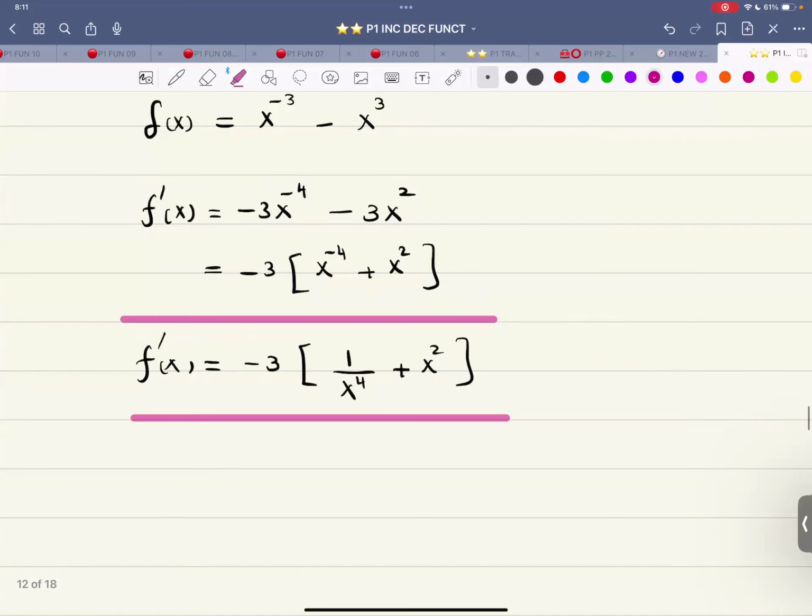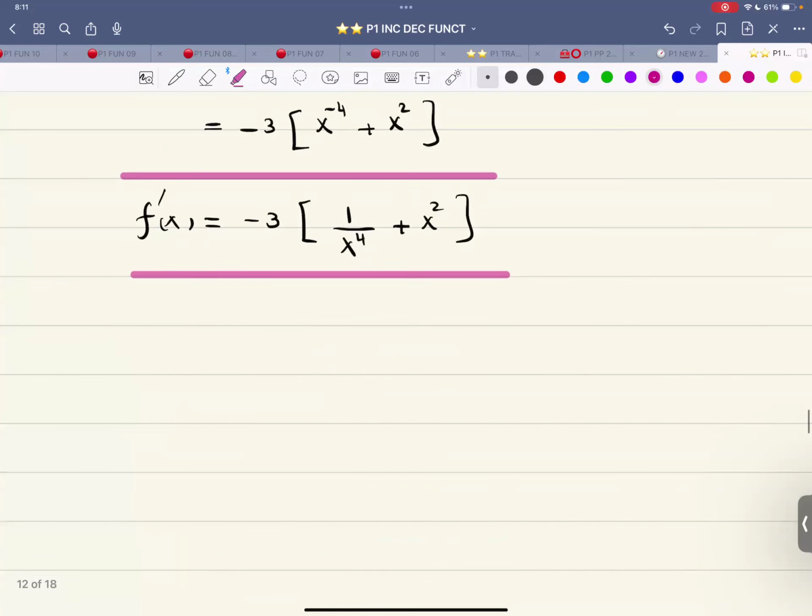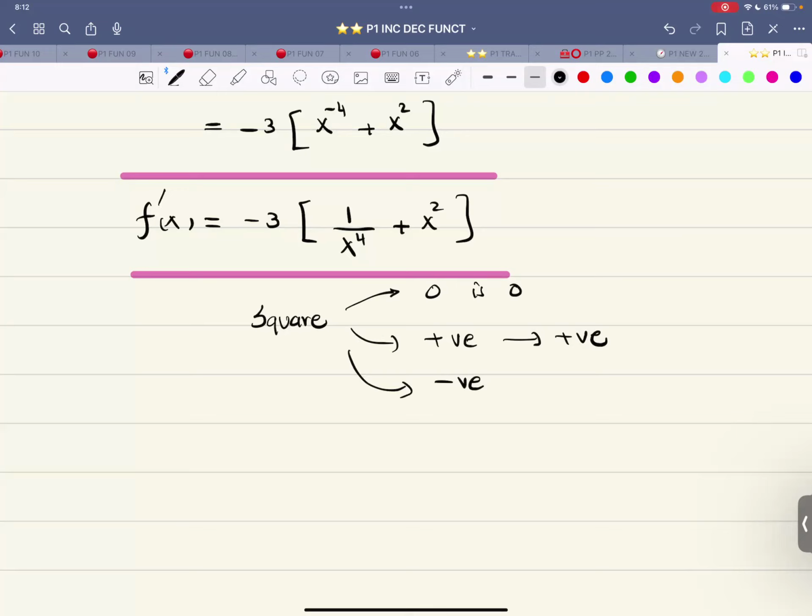So now when we have this format, it says x is greater than 0. When we square something, a square of 0 is 0. Square of positive is positive. Square of negative is also positive.